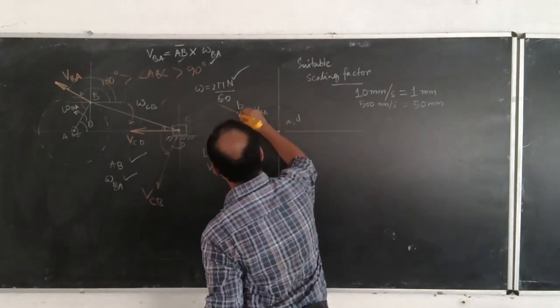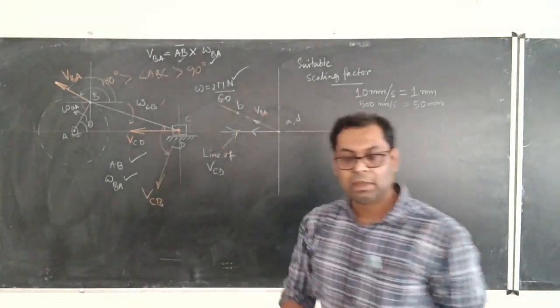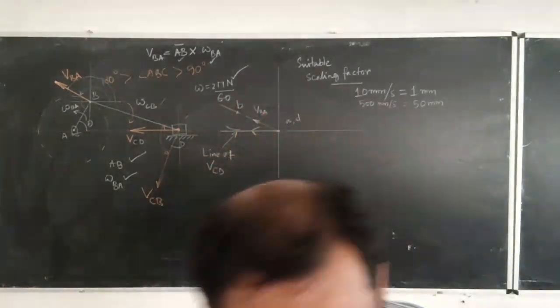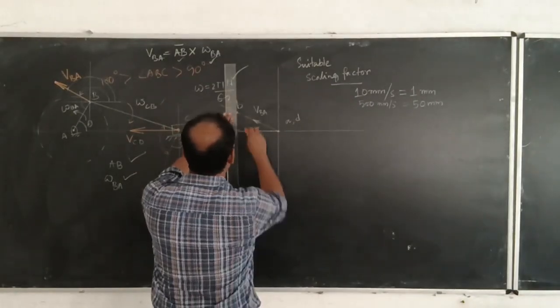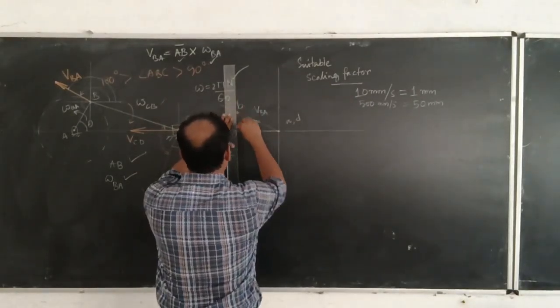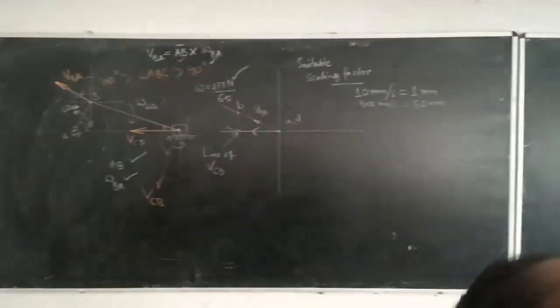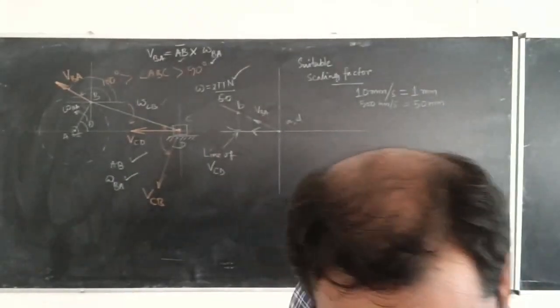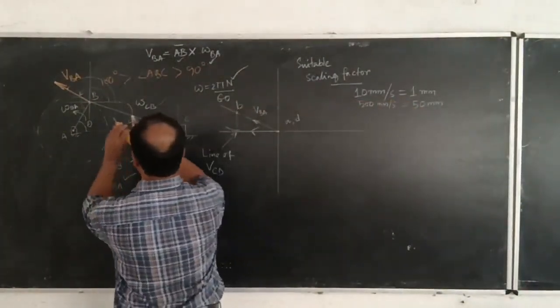Similarly, from this particular point B, we are going to draw the same arc over here, and in the same way, we are going to draw a vertical line over here. From that vertical line, we have to find out the intersection point. So where is the intersection point? Over here.